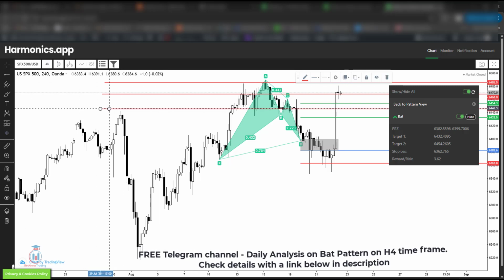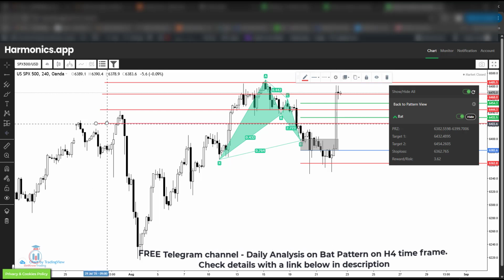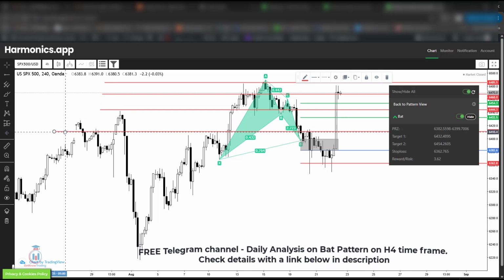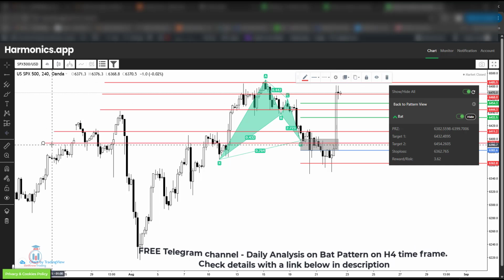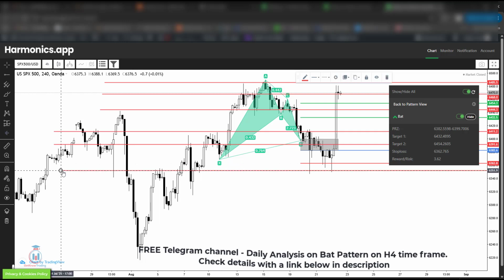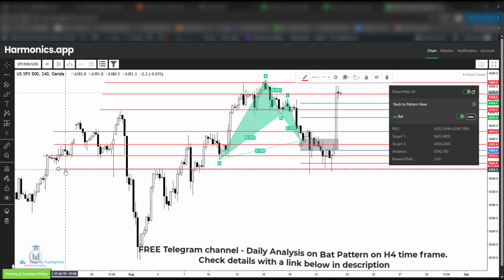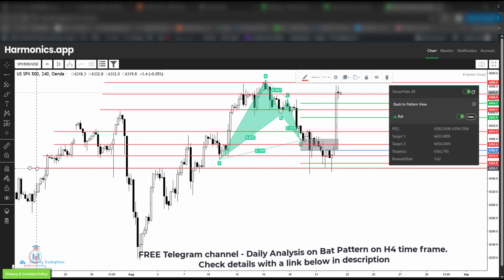Then seeing how the price behaves around this area of support and resistance to see where is the entry level, where is the stop loss level, where is the take profit level, and are they in line, or I should adjust them slightly, like in the previous example where I've shown you how the price is behaving.